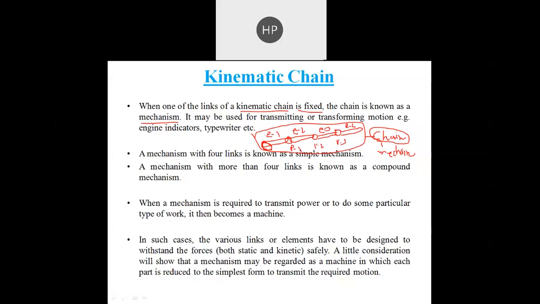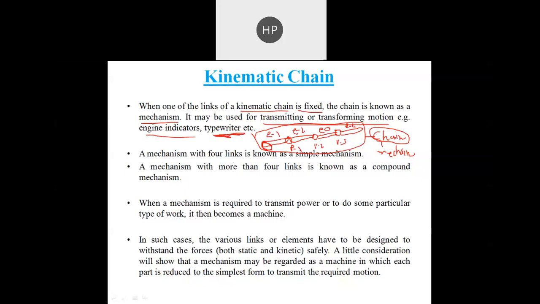Otherwise, up to that it is termed only a kinematic chain. And it may be used for transmitting motion. Examples are engine indicators and typewriters. A typewriter is considered a mechanism.